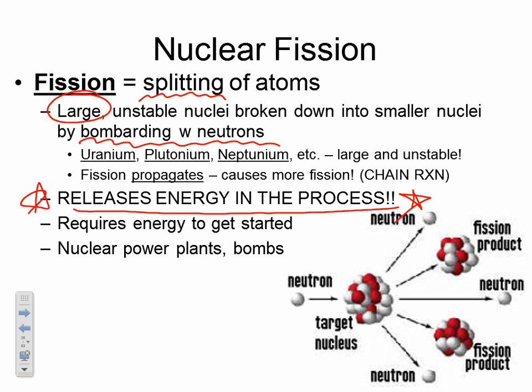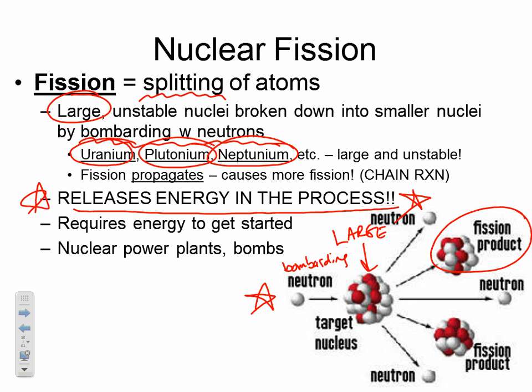The atoms that are involved, we've got uranium, plutonium, neptunium. These are the real big guys off of the periodic table, the big, big atoms. In this example right here, notice that we are bombarding a neutron at the large atom, and we cause it to split into these smaller atoms, right?